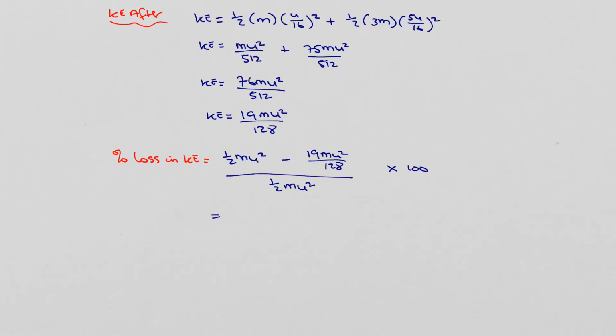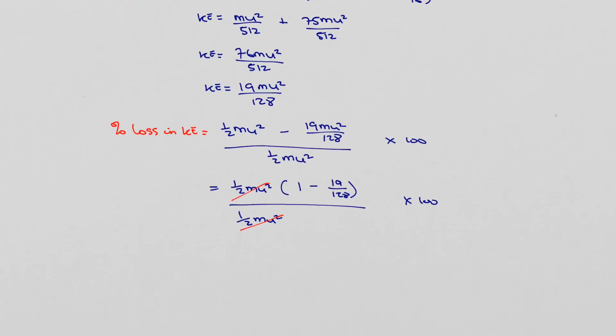Okay, so we can see that a half m u squared is common on the top and the bottom.